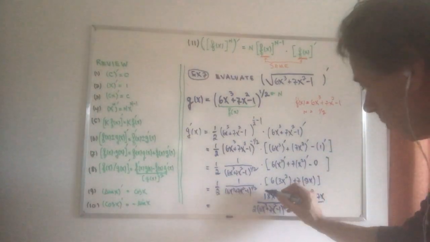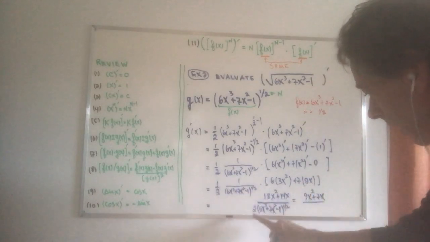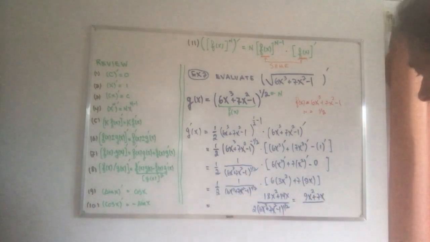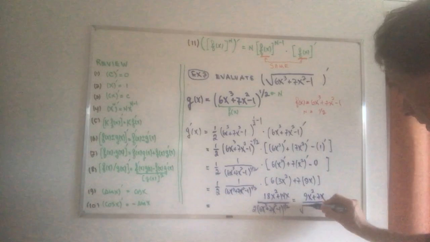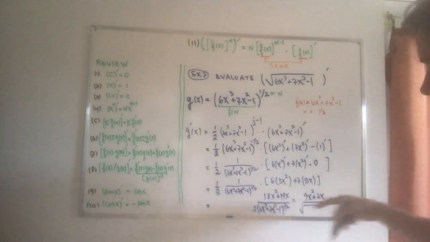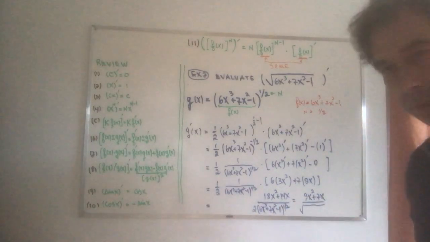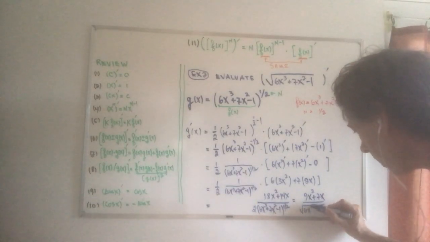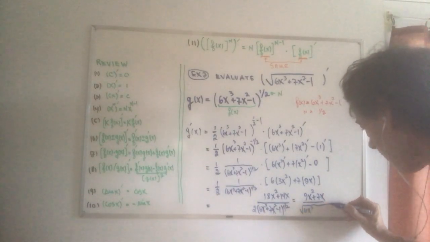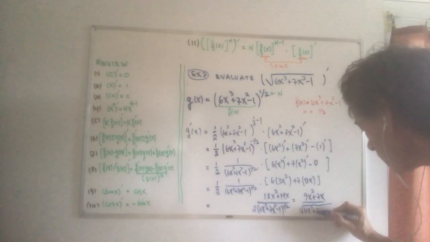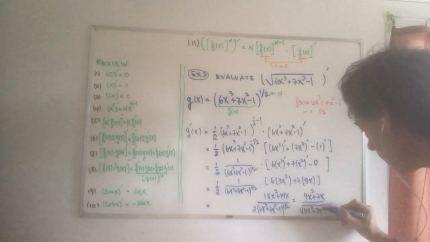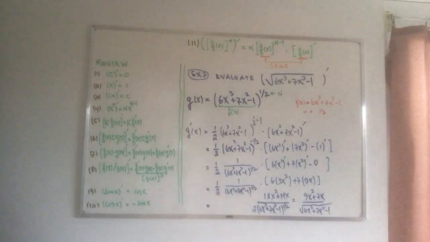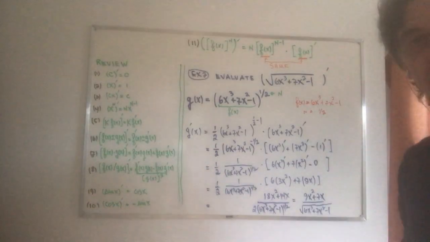I took out a 2 from here, and I canceled it with the 2 there. Over, something to the 1/2 is the same thing as the root. I will accept both. They're both good. So just to have something different, the root of 6x^3 plus 7x^2 minus 1. And now we have a slightly simplified answer.